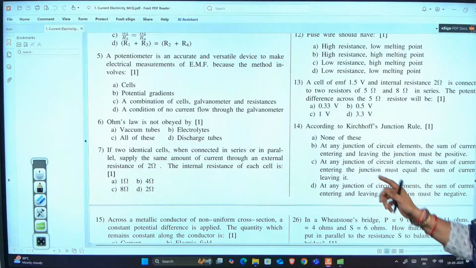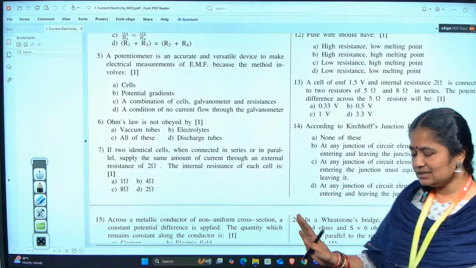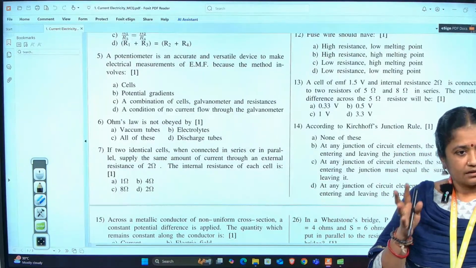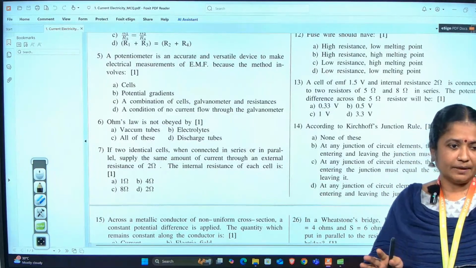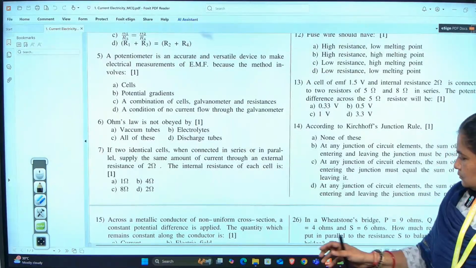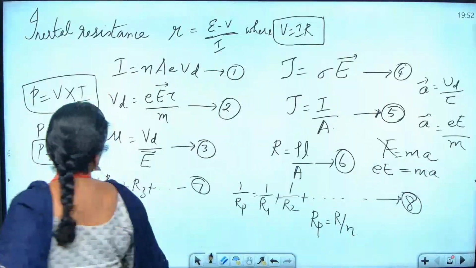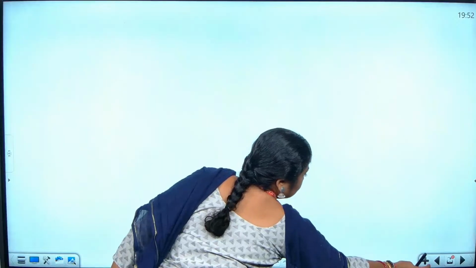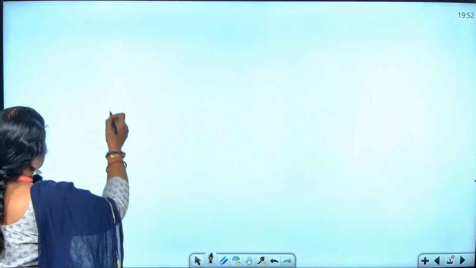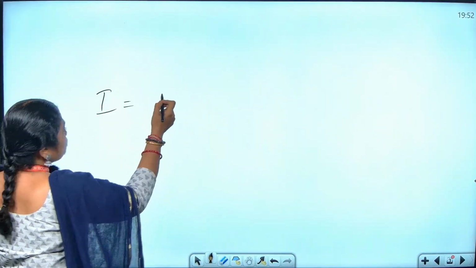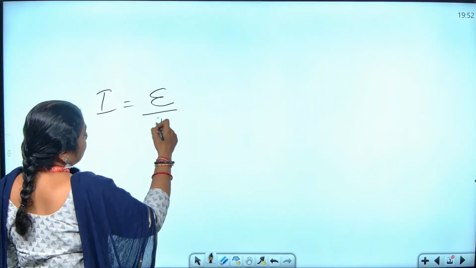In the first case, the cells are in series. So current I is equal to epsilon by r, the EMF supplied by the cell divided by the total resistance. The general equation is I equals epsilon divided by r.